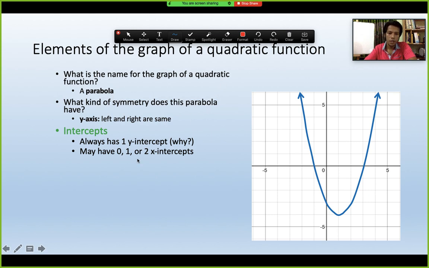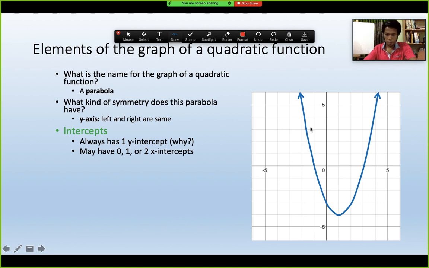Then intercepts. In this figure, how many x-intercepts do we have? We have one x-intercept here, another x-intercept here, and there is one y-intercept. In a parabola, there is only one y-intercept. But there can be one x-intercept, and there can be zero x-intercepts also.